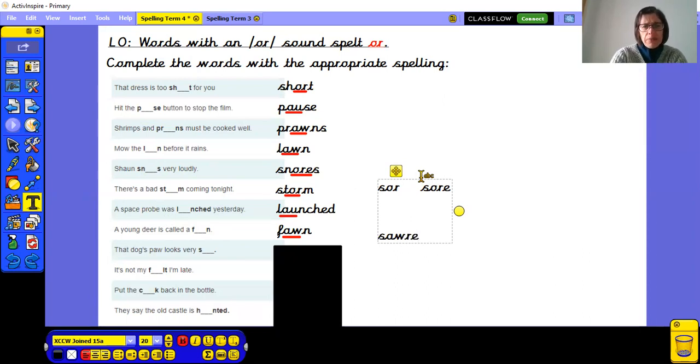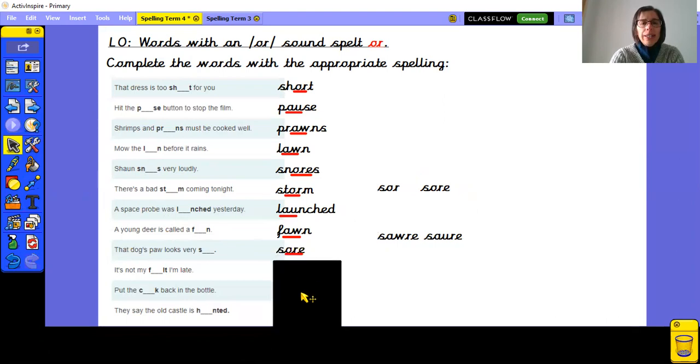Something like that. Or is it going to be this one? Have a think. Number 1, number 2, number 3, number 4. And that dog's paw looks very sore. Is it this one? S-O-R-E. Good job if you've got it correct. That was just a tip for you, as I said before.